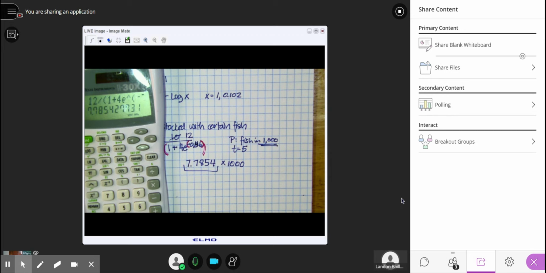It's not saying there's just 7.78 fish. It's saying there's 7.785 thousand fish, or 7,785. No, there's not going to be 8,000. That's if you round to the nearest thousand.